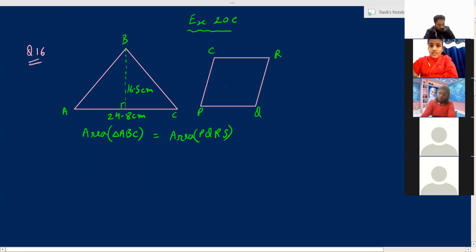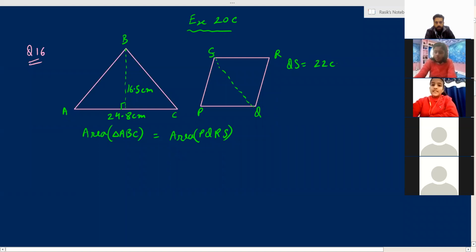If one of the diagonals of the rhombus is 22 centimeters, let's take diagonal QS equal to 22 centimeters. We have to find the length of the other diagonal, PR. So let PR be x.